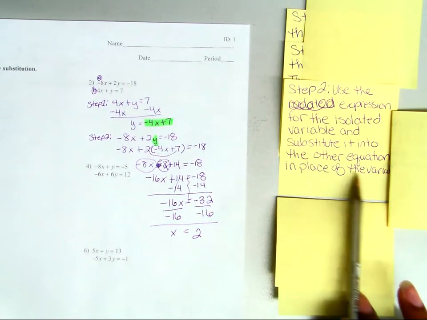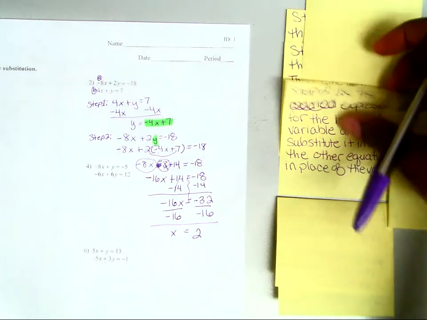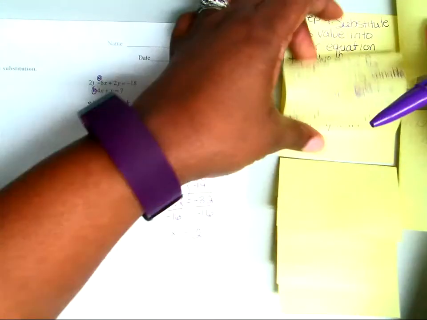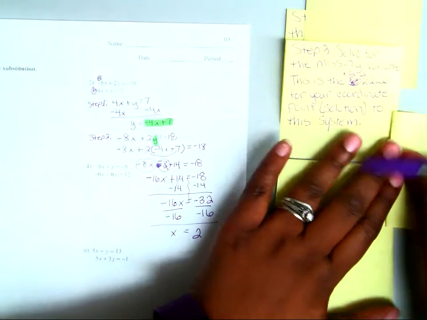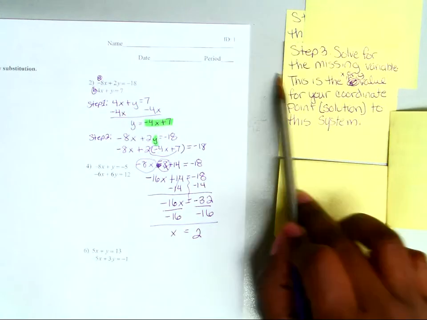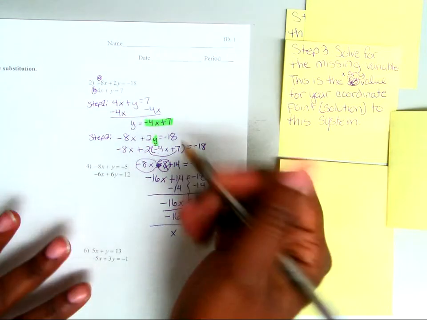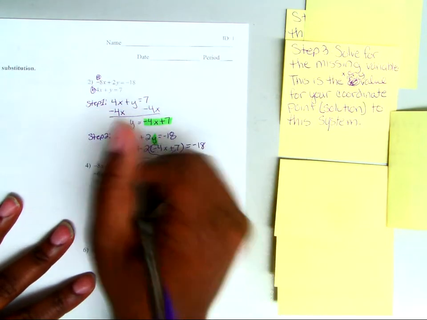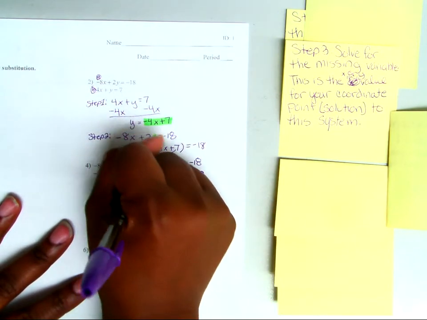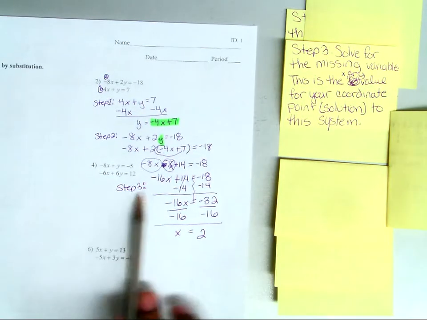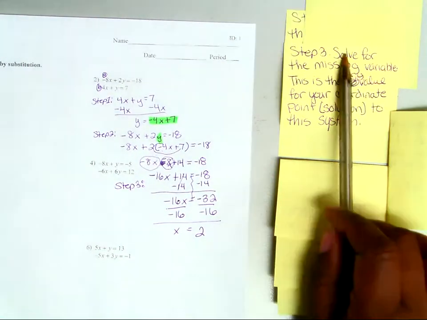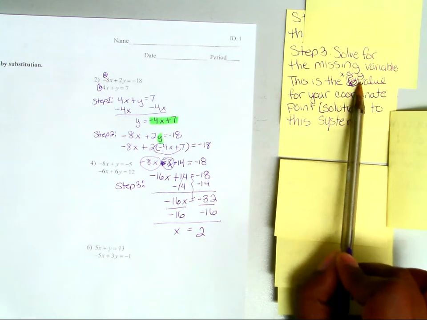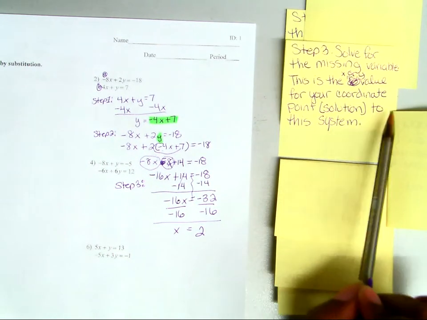I isolated and substituted in the other equation. Okay, step 3. When I solve the equation, I solve for the missing variable. This is the x or y value for your coordinate point or your solution to the system.